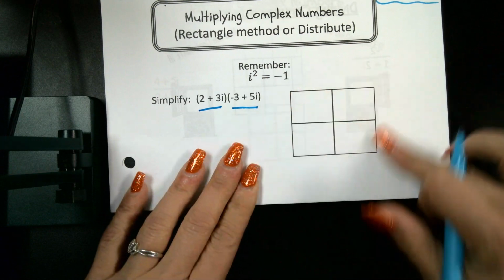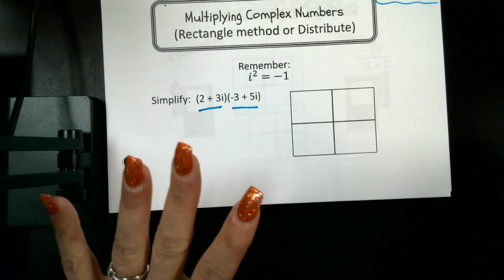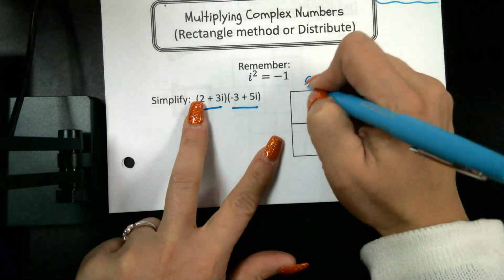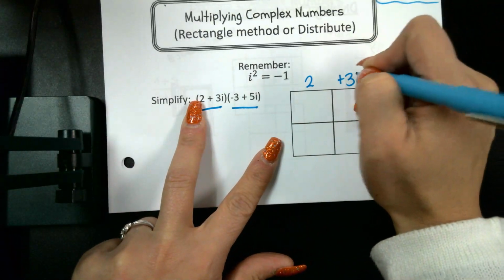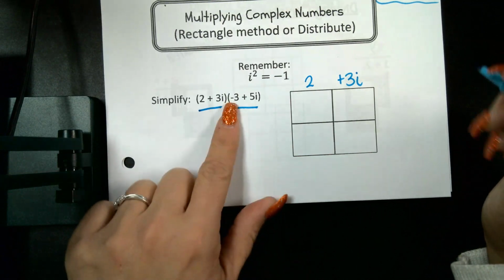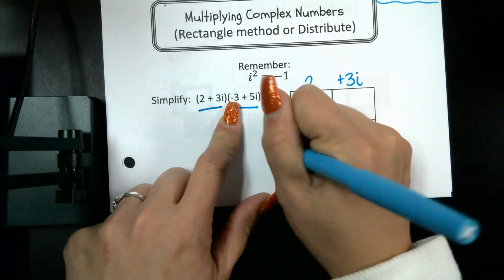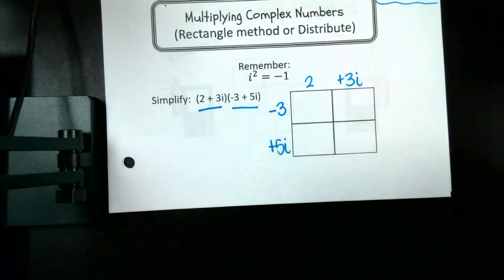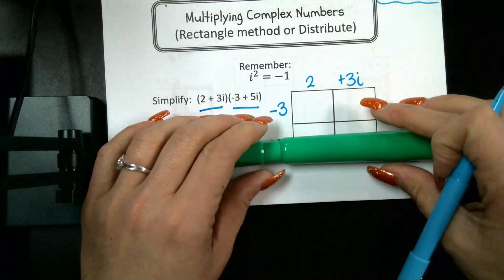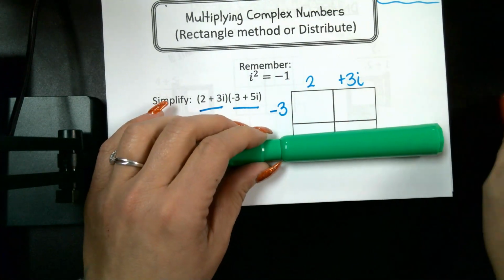So now I drew the boxes. You guys will have to draw them yourself when you're practicing, okay? But I put the 2 plus 3i across the top. And then down the side, negative 3 plus 5i. Okay, so here we go. Negative 3 times 2.